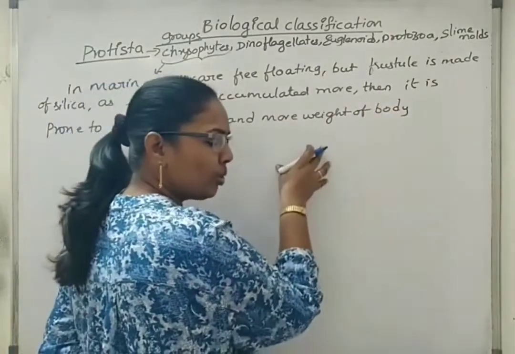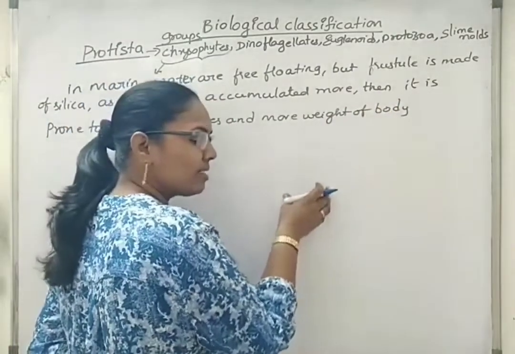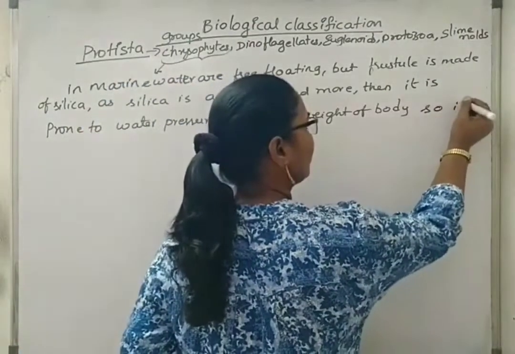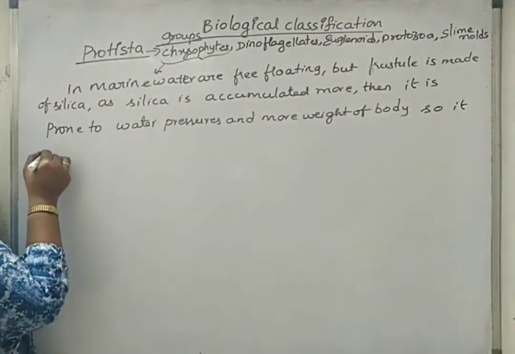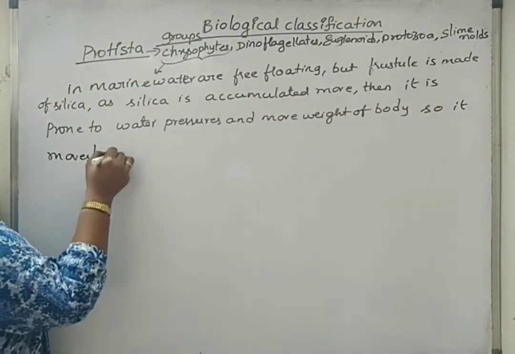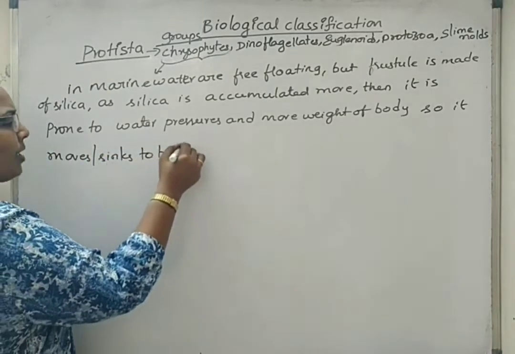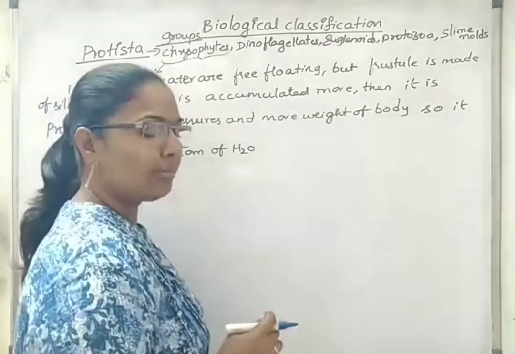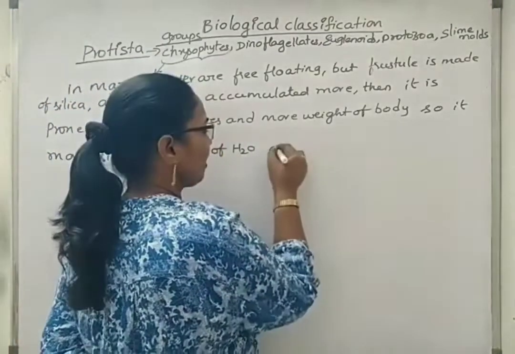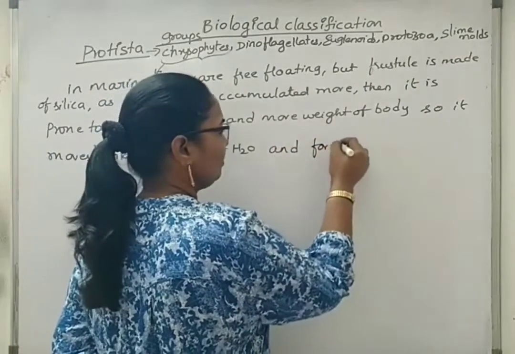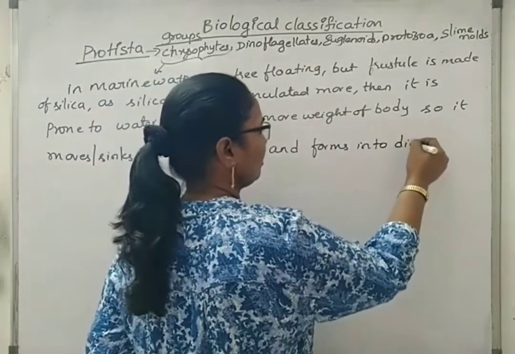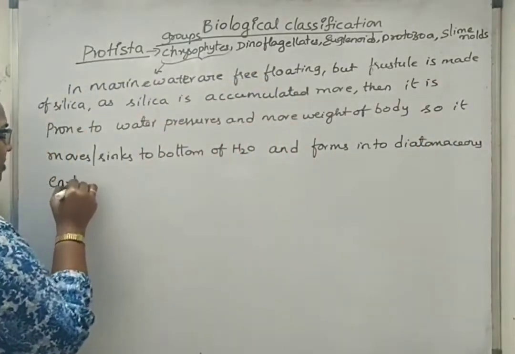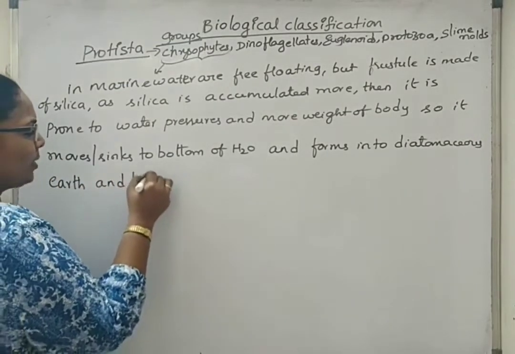So what happens? It slowly settles down, sinking into the bottom part of the water or oceans. It sinks to the bottom of water and forms diatomaceous earth. And later, petroleum.